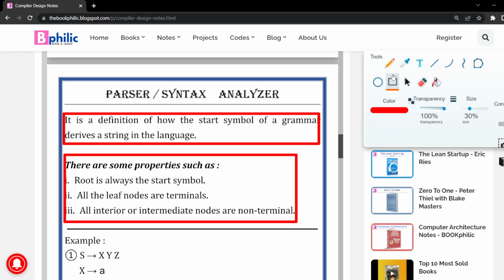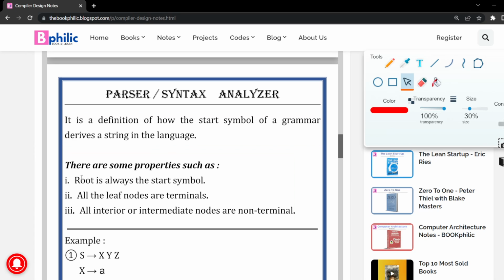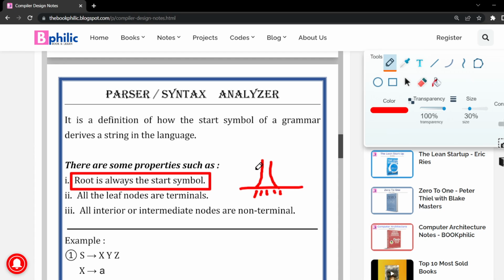Let us start from the first point, that the root is always the start symbol. Let us make a tree so that you can feel the concept of the parser. Okay, so this is our tree.